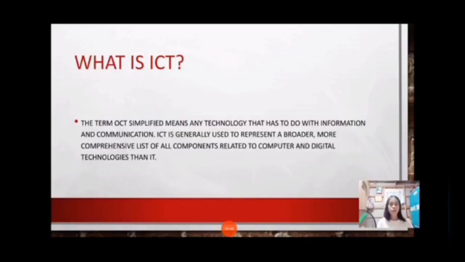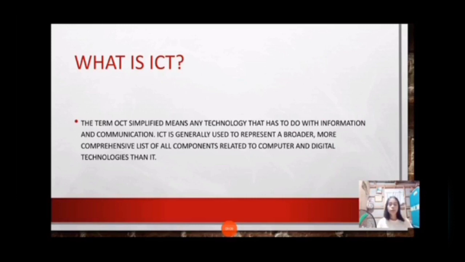What is ICT? The term ICT simplified means any technology that has to do with information and communication. ICT is generally used to represent a broader, more comprehensive list of all components related to computer and digital technologies than IT.